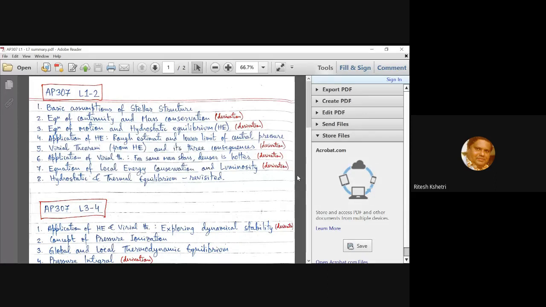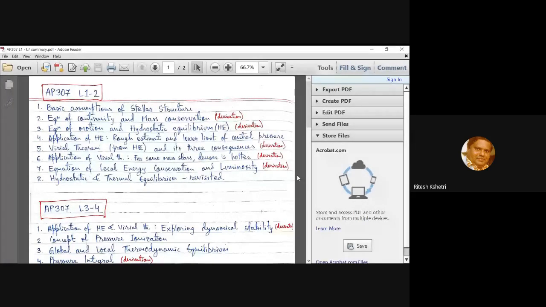After that, we talked about the next very important topic of hydrostatic equilibrium, and it was derived from the equation of motion. And then, since we are talking about a gravitationally bound star, it is very important to know that the pressure will be much higher in the interior of the star compared to its outer parts.